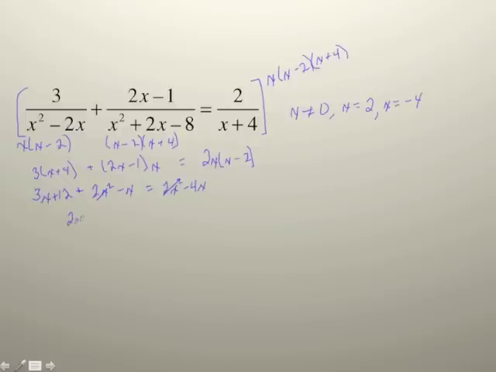Combining like terms, I have 2x plus 12 equals negative 4x. Subtracting 2x from each side, I'll have 12 equals negative 6x, and x equals negative 2. Now, x equals negative 2 is an okay answer. I cannot have x equal 2, but I can have x equals negative 2.